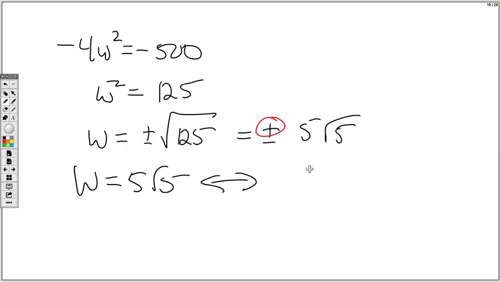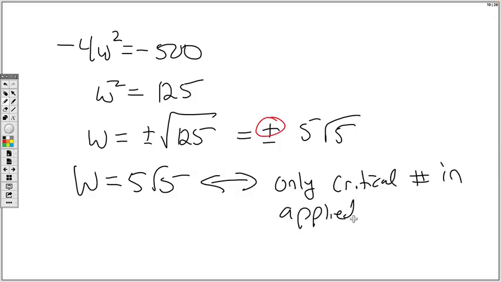Which means we have found exactly how many critical values in the interval we care about? We found only one. Okay? So now let's go to the second derivative to see, do we get a maximum or a minimum?